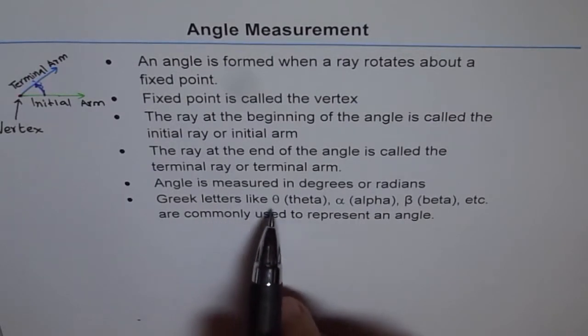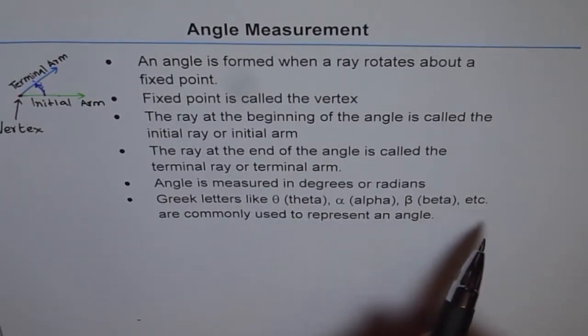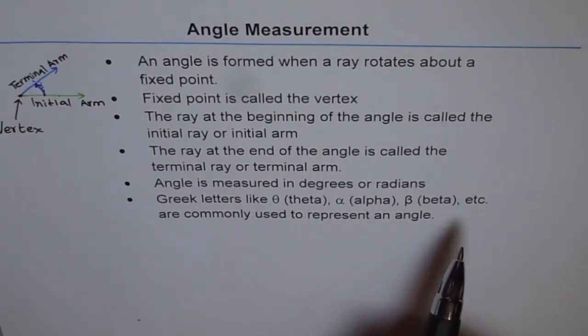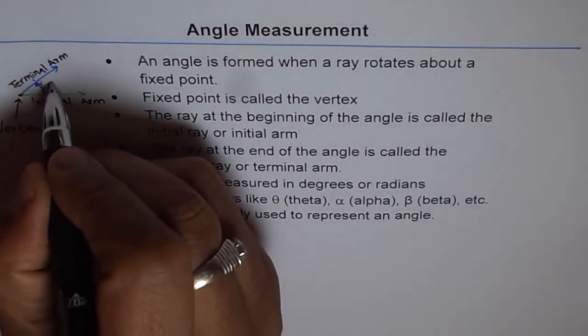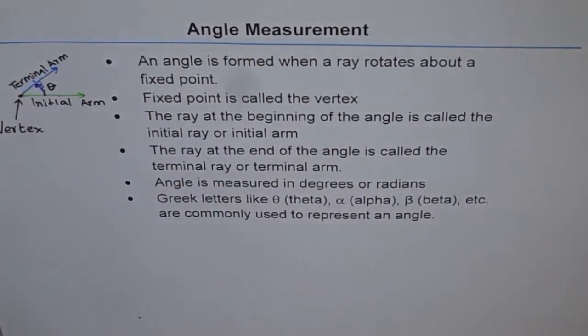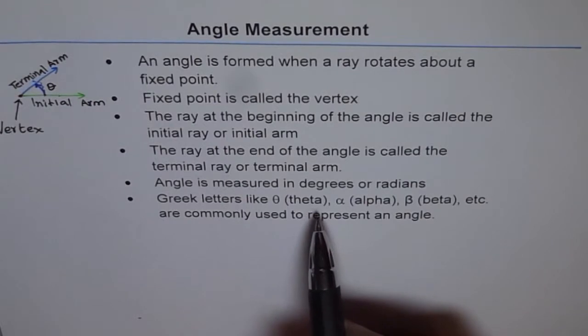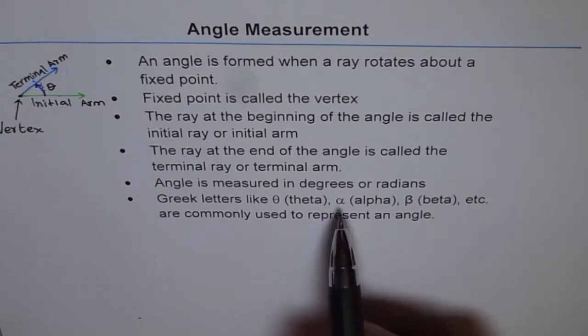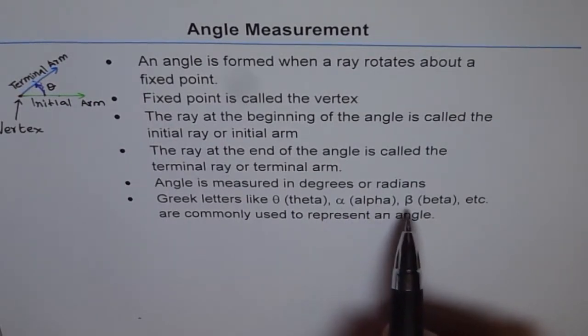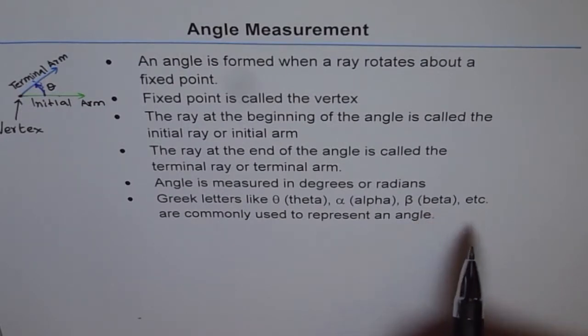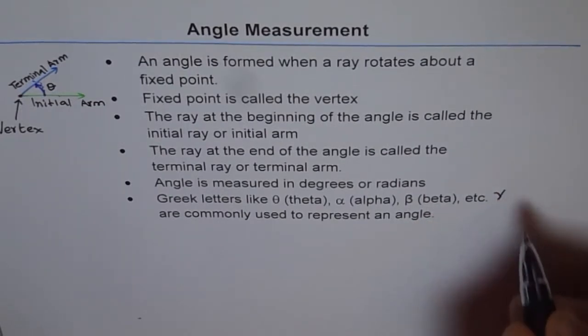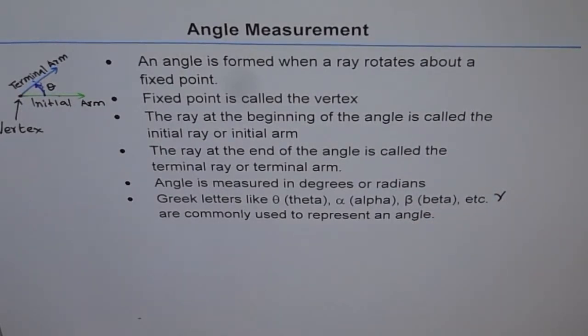There are Greek letters theta, alpha, beta, gamma, like this. They've got a lot of Greek letters which you'll find. Most of the time we write theta for the angle, right? This is T-H-E-T-A, theta. And then we could use alpha, A-L-P-H-A, beta, B-E-T-A, and also a symbol called gamma. We can also name angles like you had been doing in geometry so far.